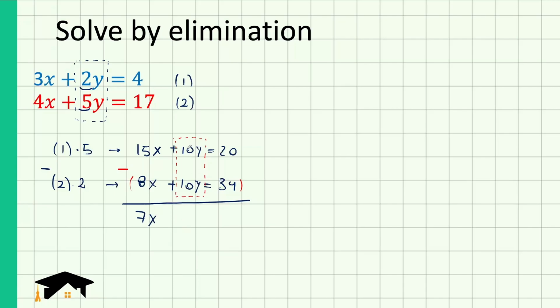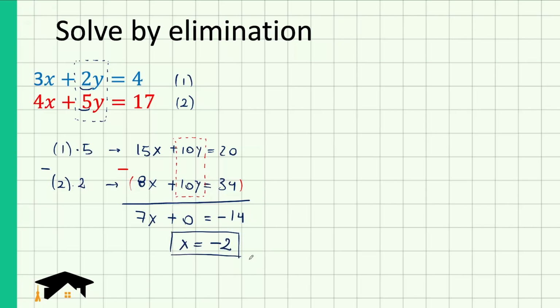Then we have 10y minus 10y, that is 0. And then we have 20 minus 34, that is minus 14. And so if 7x is equal to minus 14, dividing by 7, we get that x is equal to minus 2.